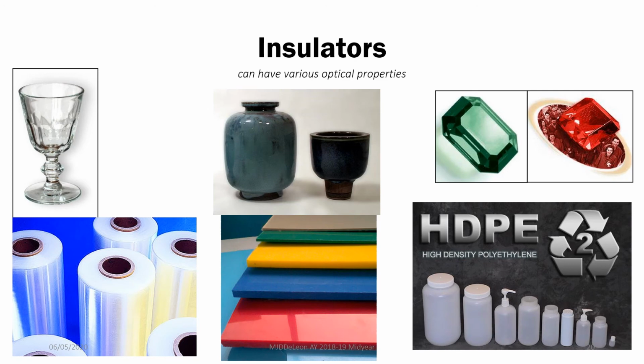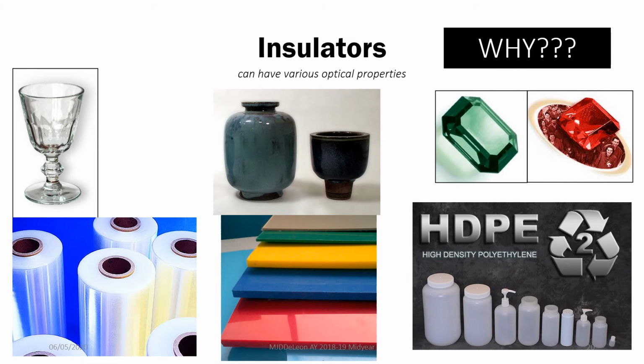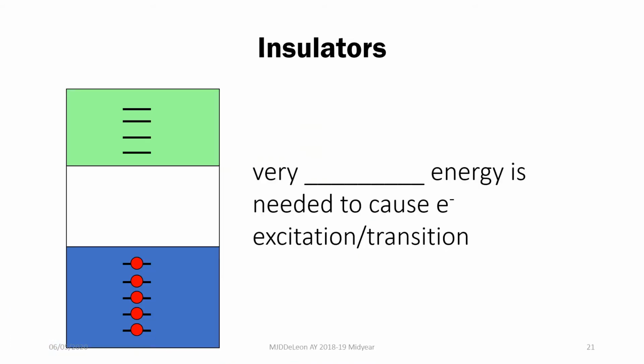Now let's look at our insulators. Our insulators can have various optical properties. Nakikita tayo ng insulator na transparent, pwede rin siyang translucent or opaque. But why is this so? This, again, can be explained by their band structure. Tada! In your insulators, since now we have a band gap here, this will mean that very large energy is now needed to excite this electron up to the next permissible energy level.